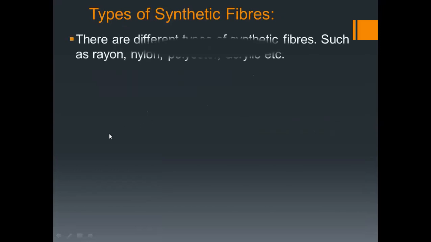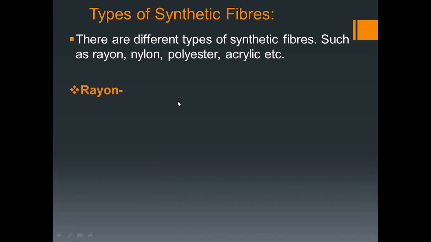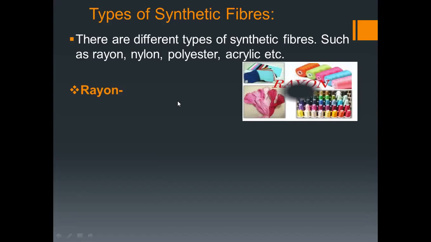Children, now we will discuss about types of synthetic fibers. There are different types of synthetic fibers such as rayon, nylon, polyester, acrylic, etc. Let us discuss one by one. Rayon. All of you have read about silk fiber in class 7th.